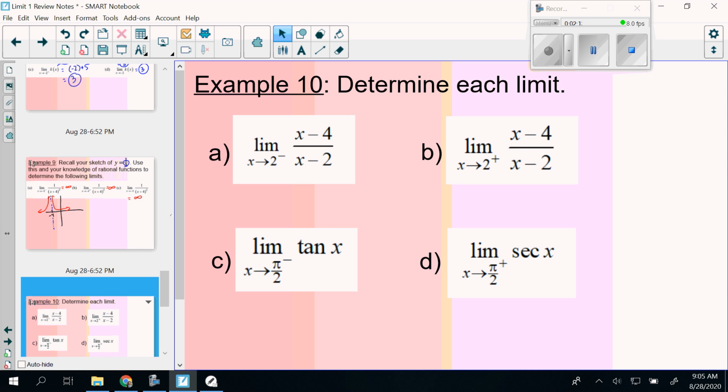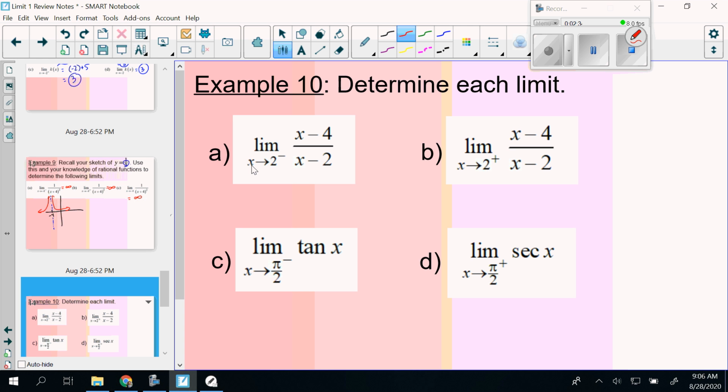All right, determine each of these limits. On A, we're approaching 2 from the left. Well, 2, you can see here, is going to give us an asymptote. So this is either going to be approaching positive infinity or negative infinity. How do we figure out which one it is?